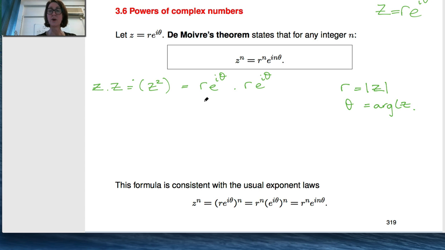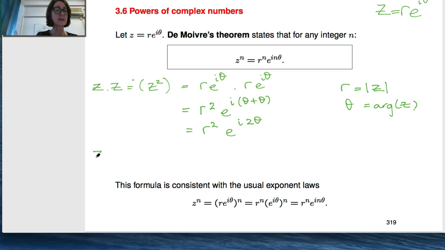And we have a result from earlier in our work that said if you multiply two complex numbers together, you multiply their moduli, so that's r squared, and you add the angles. So this is just equal to r squared e to the i 2 theta. So that's just the product of two complex numbers.